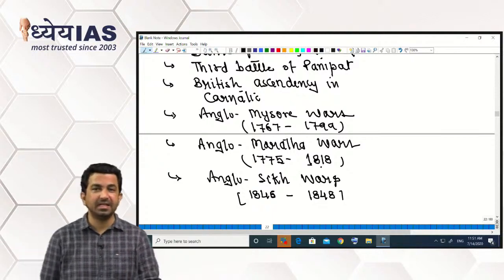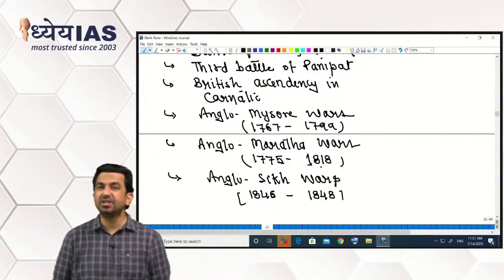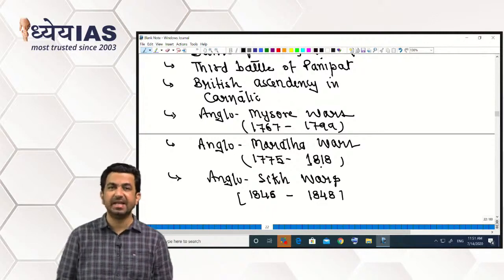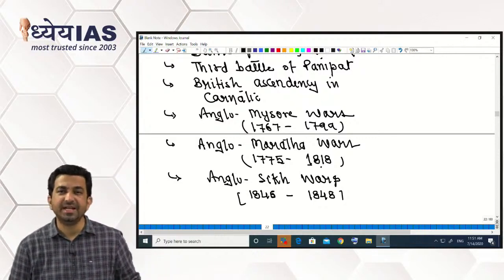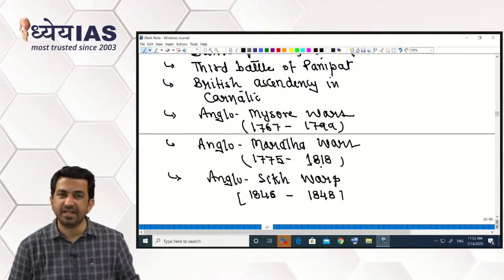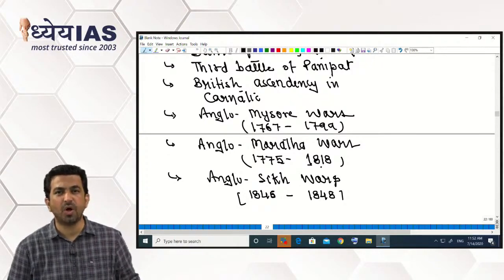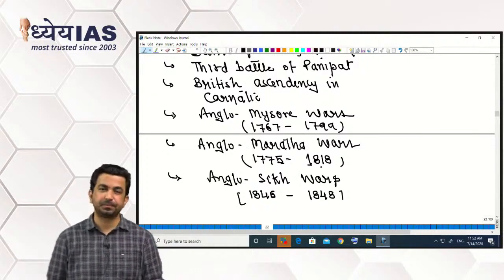So slowly and gradually, within a short span of 100 years, from 1757, the Battle of Plassey, till 1857, the Great Revolt. We have taken two landmark years, 1757, Battle of Plassey, and 1857, when the Great Revolt broke out against the Britishers.